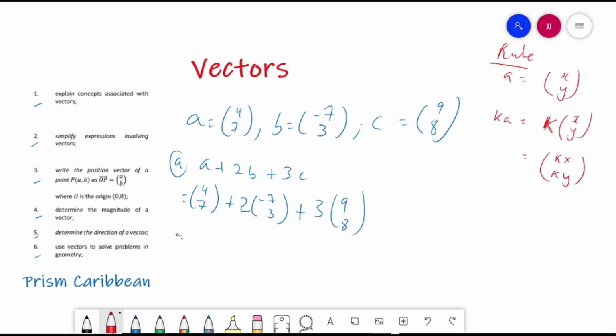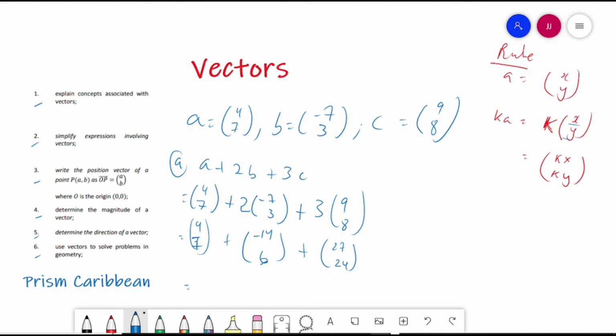That's a simple rule. Now moving back to here, we have (4, 7), and now 2 times (-7, 3), because remember k multiplies both values. So 2 times -7 is -14, and 2 times 3 is 6. And we have 3 times 9 is 27, and 8 times 3 is 24.